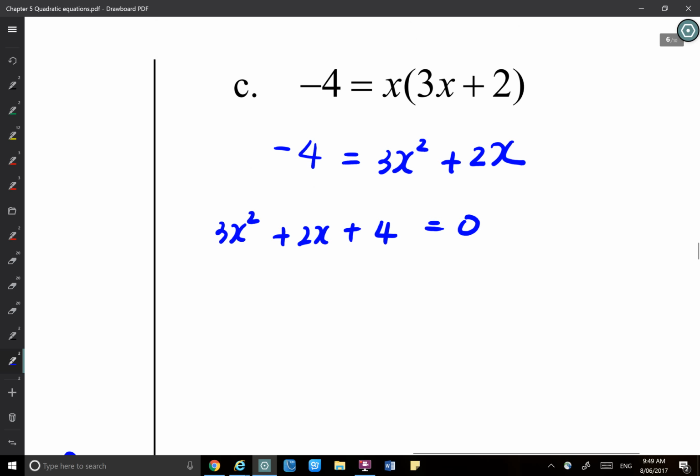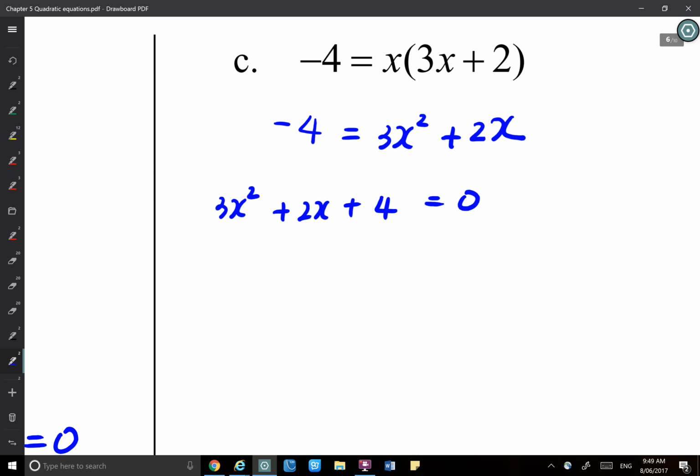So what I need to do in this case is think about completing the square. I'm not sure whether we can factorize or we can't factorize yet, so completing the square will give me a good idea about this. Instead of taking a common factor 3, we can divide 3 on both sides.